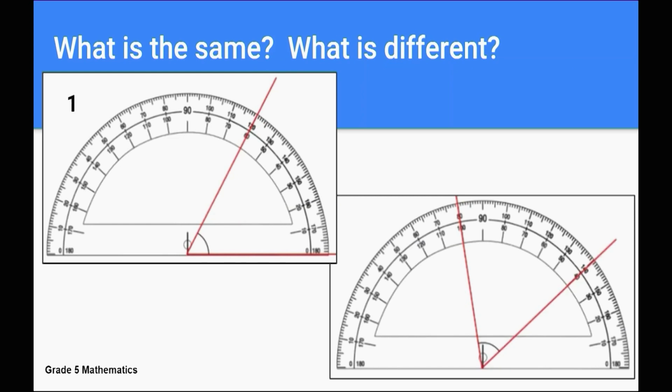In image 1, one leg of an angle begins at 0 degrees, and then I counted by tens and stopped at 60 degrees. In image 2, I counted the spaces between the two angle legs by 10 and ended with 60 degrees of space between the two angle legs.